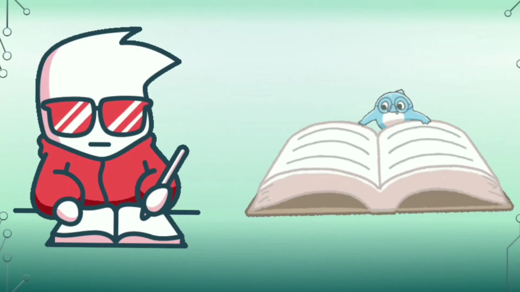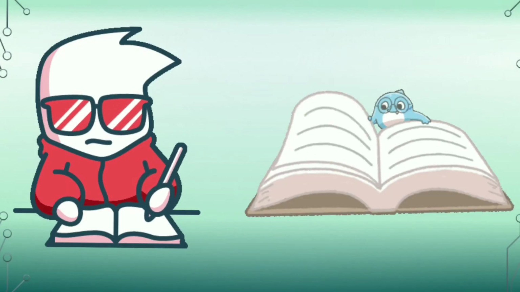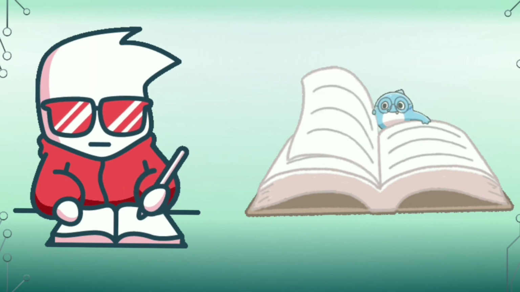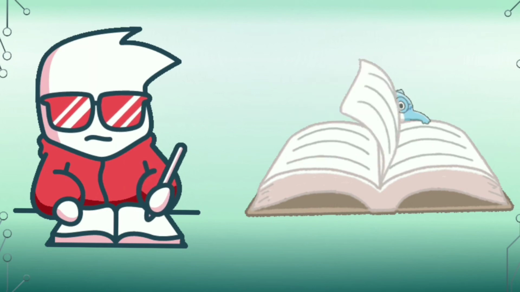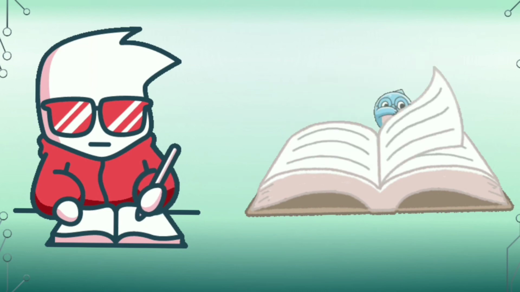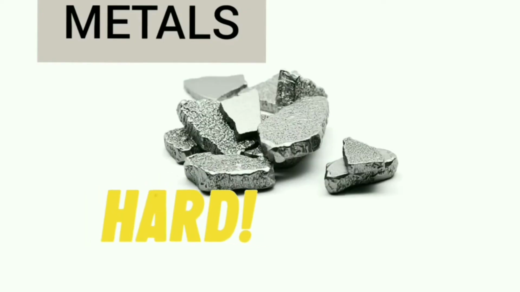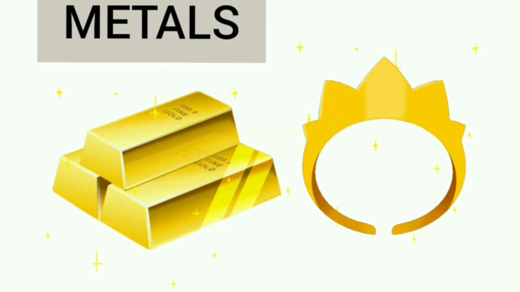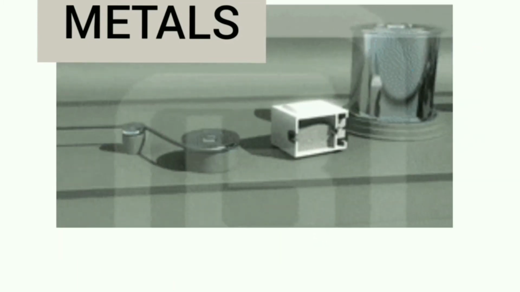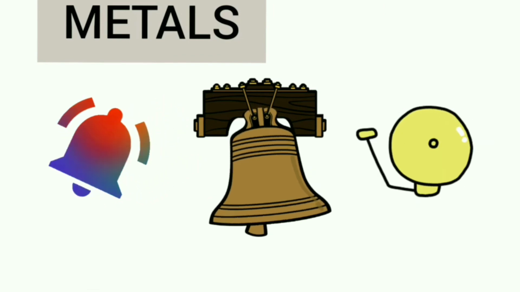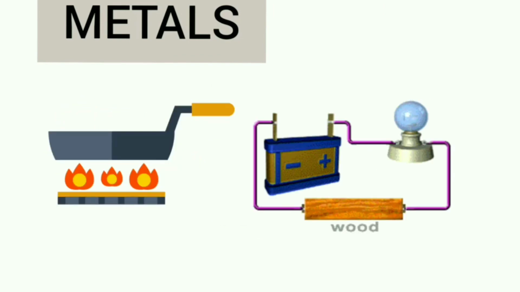Hope you understood. So students, we have covered all the topics of this chapter now. Let us summarize what we have learnt. We have learnt that metals are hard, lustrous, malleable, ductile, sonorous, and good conductors of heat and electricity.